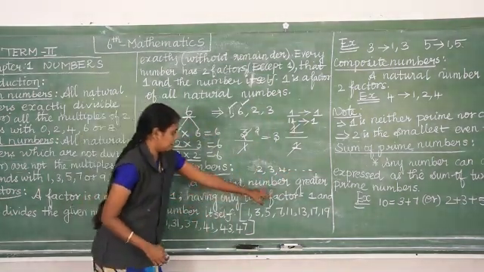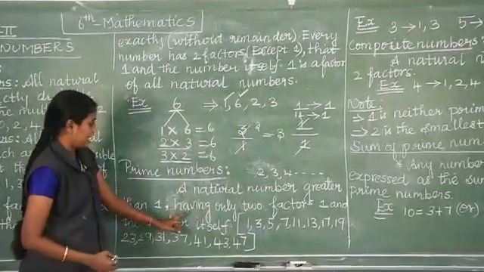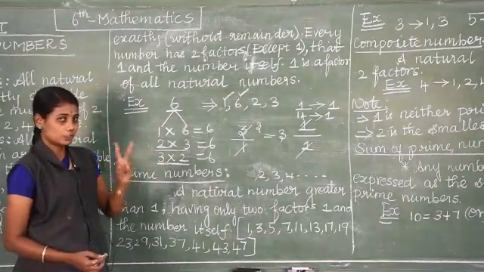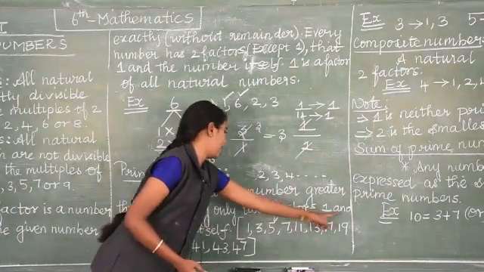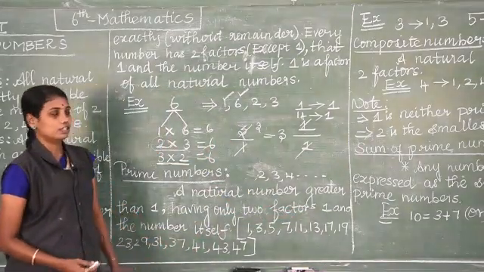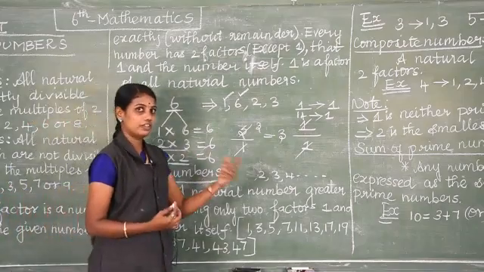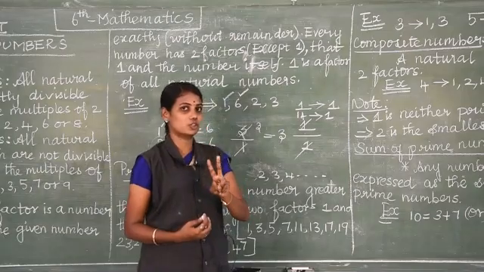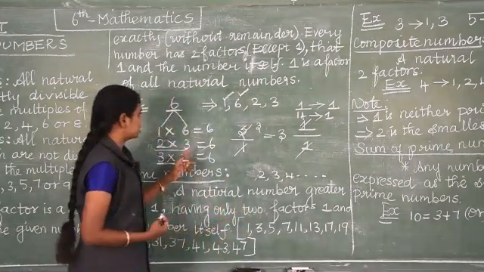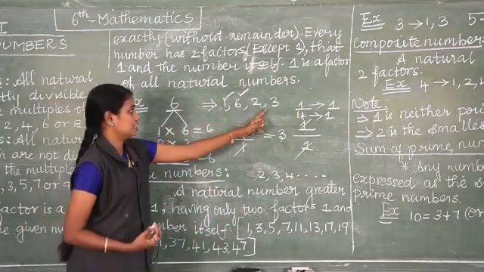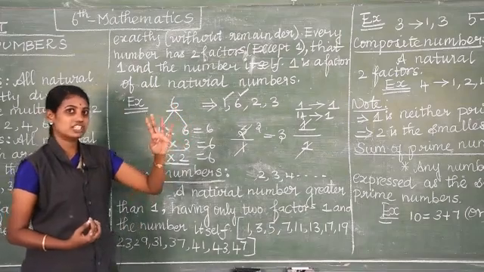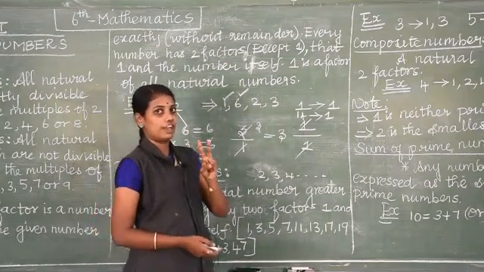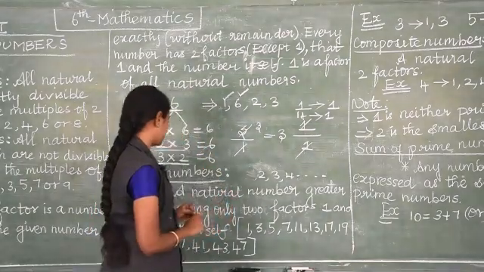A natural number greater than 1 having only two factors, 1 and the number itself, is called a prime number. For example, 6 has 4 factors, so it is not a prime number. Prime number means it has only two factors, 1 and the number itself.